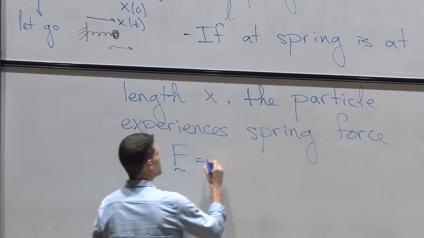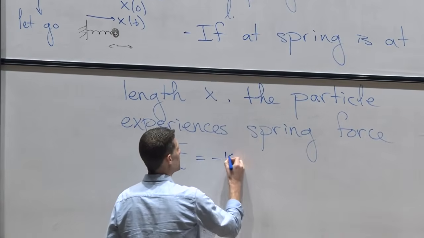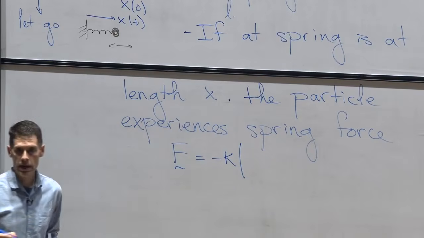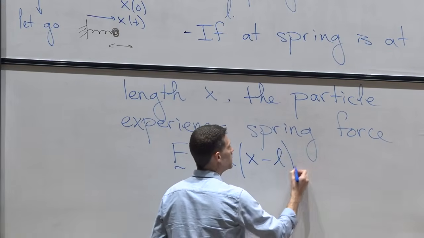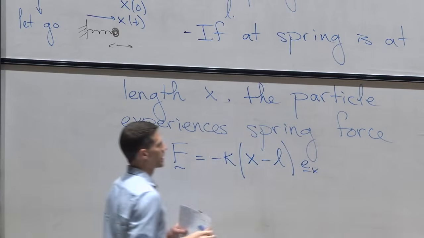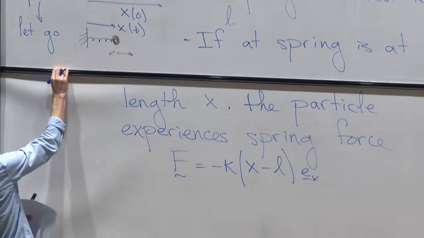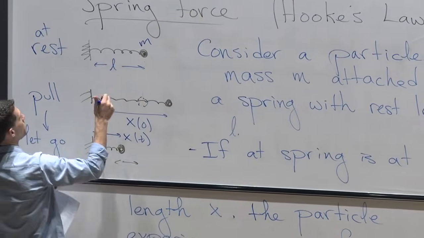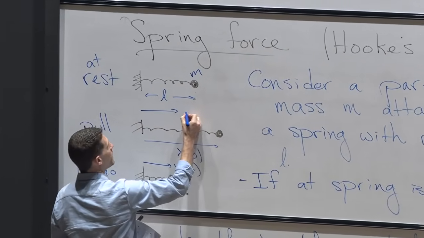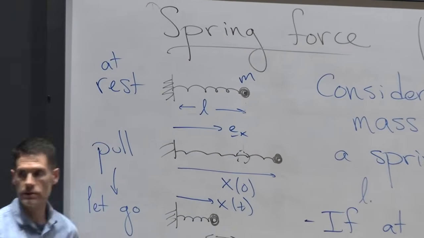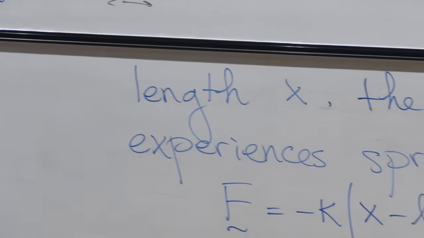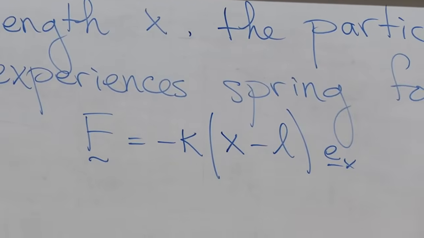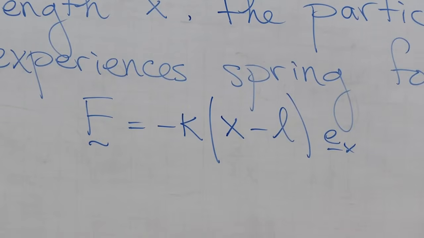F is some constant k with a minus, x minus L, Ex. So in my picture, I'm defining that as the positive x-axis, so that's the Ex direction. This is all one-dimensional the way I've drawn it here.